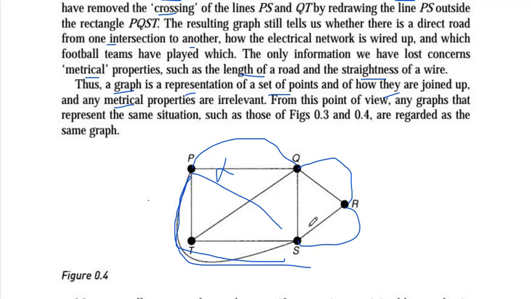A graph only represents a set of points and how they are joined with the other vertices. It is not relevant how straight the joins are or how long a path they have created.